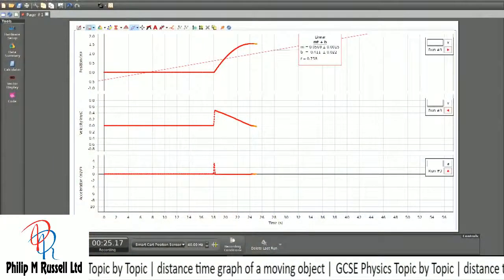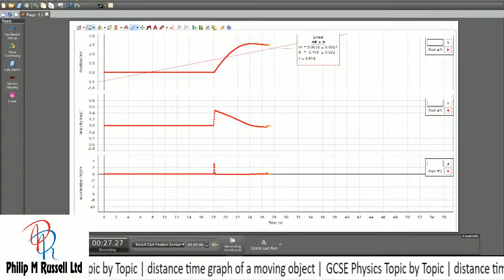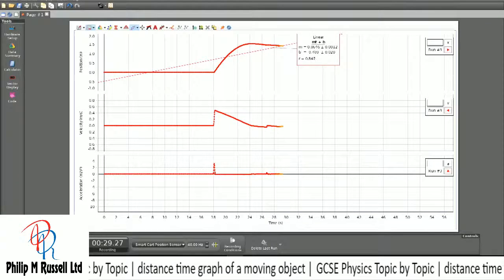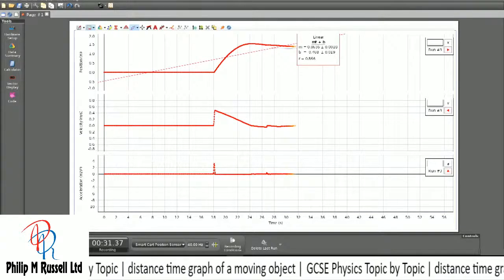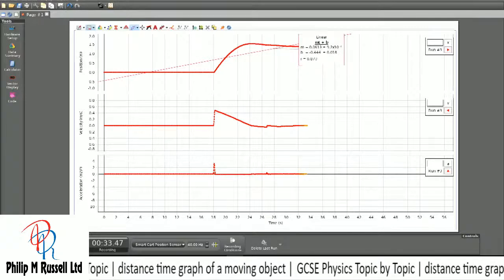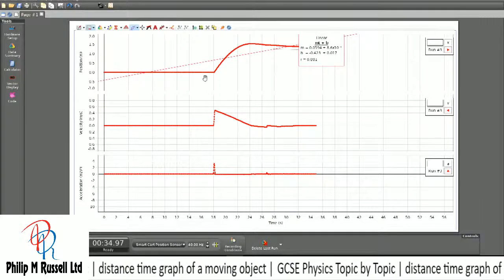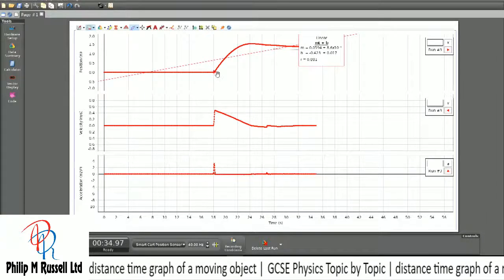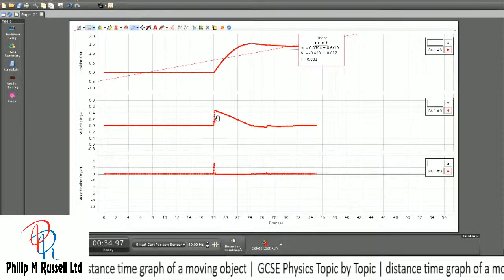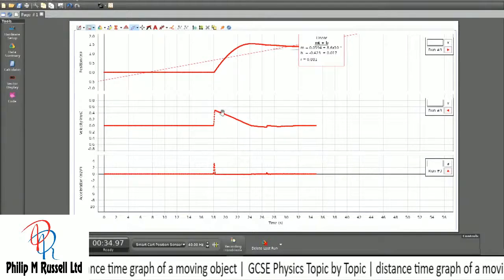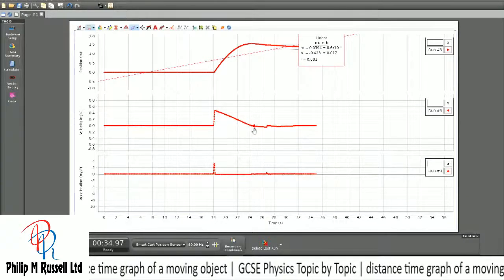And this time I didn't give it enough push, so it got to this end and stopped. Not moving. A little acceleration. We can see the velocity then decreasing virtually to 0.